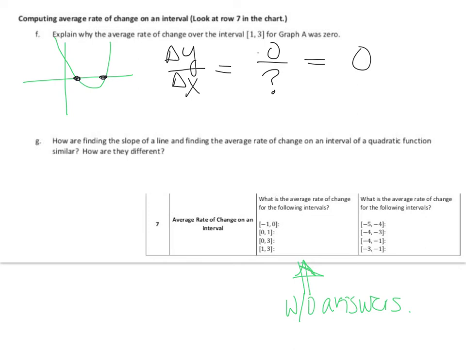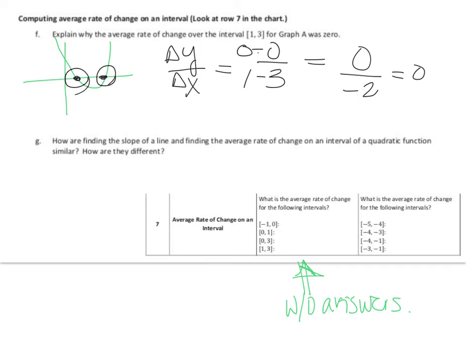So the function at the two endpoints of the interval are the same. The math shows that change in y, which was 0 minus 0, over change in x, which was 1 minus 3. 0 over anything is still 0.